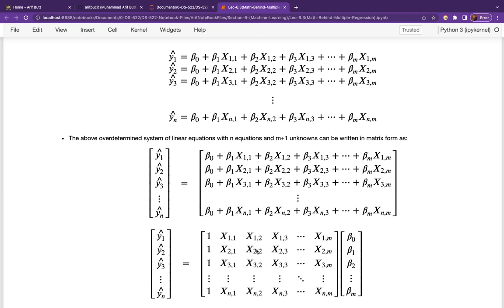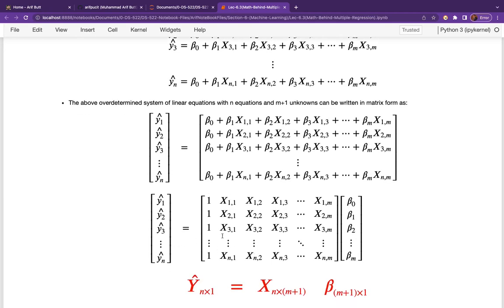The xij entry represents the ith row and the jth feature. This notation provides a very elegant way to organize, index and access a lot of data. And finally, this can be simply written as y is equal to X beta.